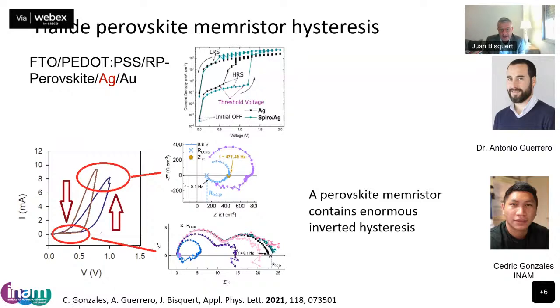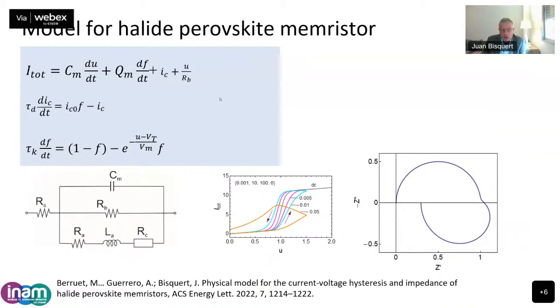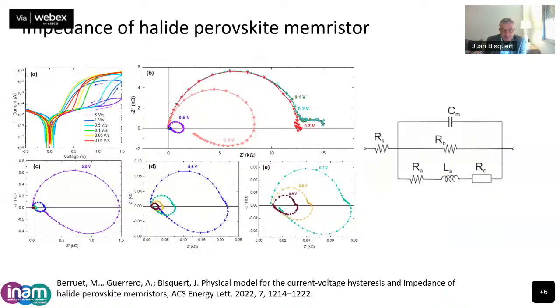So these equations I was telling before, that we can use one or two or more internal degrees of freedom to make neuron style equations, are very useful now to address memristors, because they have very pronounced dynamic effects, and we have done this, and we think this is very successful for describing halide perovskite memristors.